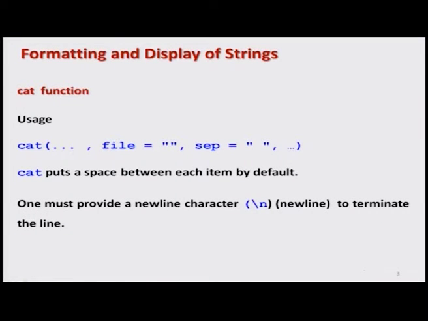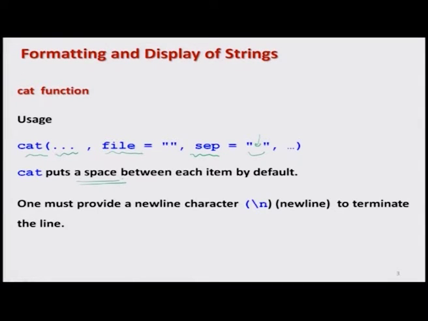The syntax for the cat function is something like cat, here whatever we want to print, and then I can specify the file to which we want to print, and we can also give the separator inside double quotes, whether it is a hyphen or a dot or a full stop or a multiplication sign or anything else. If you do not give anything over here, the default is a blank space.